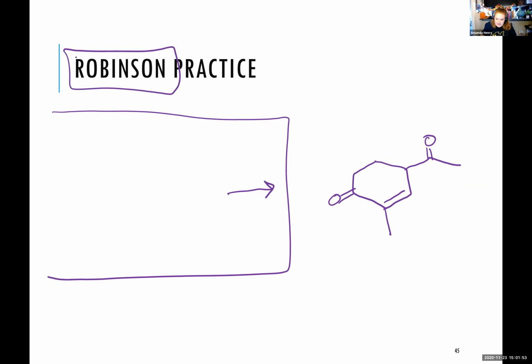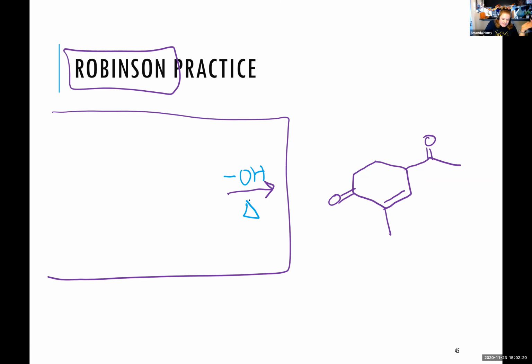Looking at this, knowing the handful of reactions we've talked about today, if I just gave you this, you could fit it into a lot of different boxes. So I will tell you this is a Robinson reaction. Because it's a Robinson reaction, we know that we need base and heat. That's the only reagents that we need.